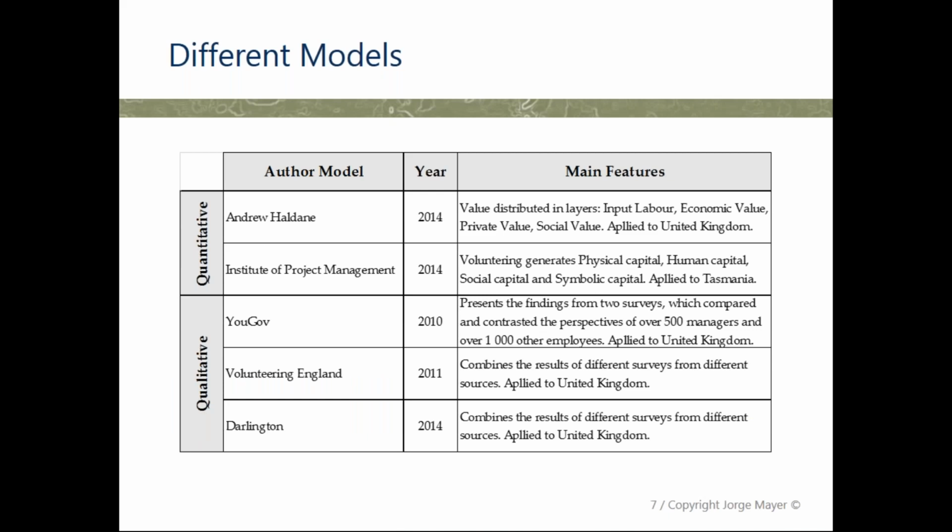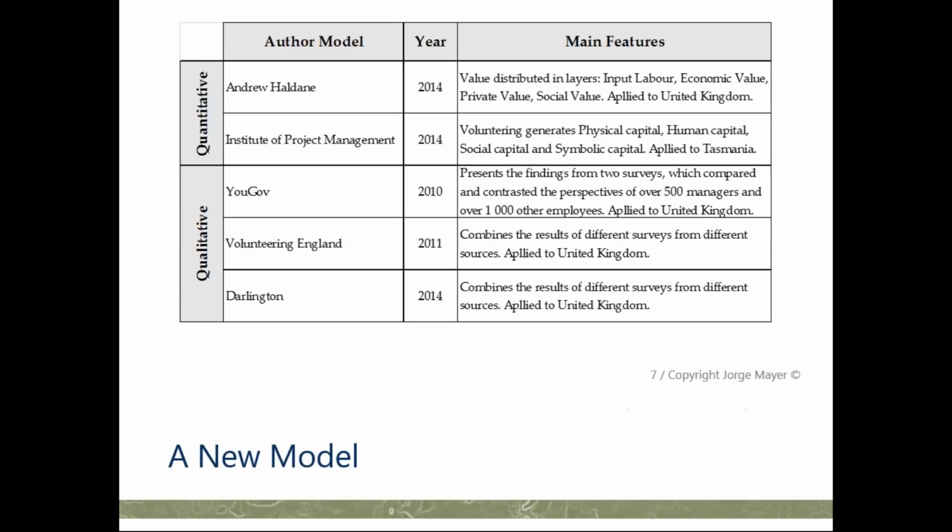So these are the different models, the quantitative ones, the qualitative ones. The majority of them were applied in English-speaking countries, mainly the UK and also Tasmania. The qualitative ones usually have results that come from surveys that have been done.